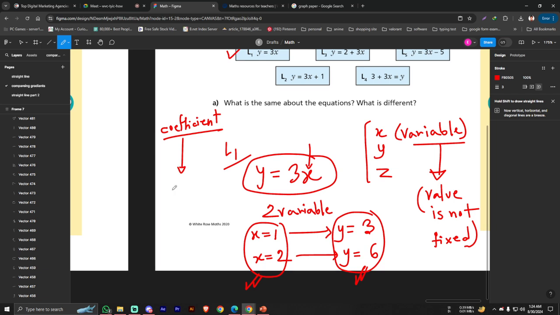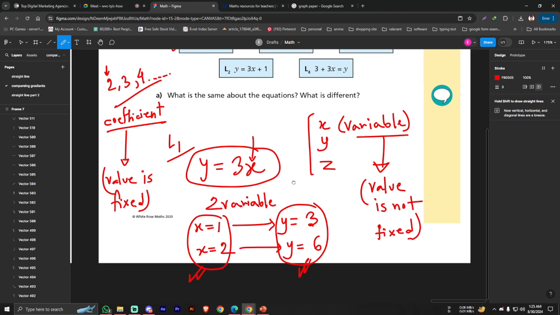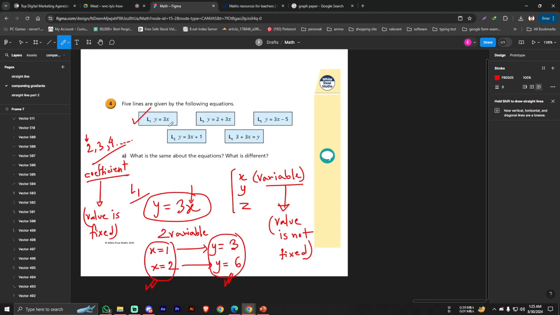Any numbers, 2, 3, 4, all are coefficients, because any number is a fixed value, right? 2 means 2, nothing else. So 2 is a fixed value. So here 3 is a coefficient in this equation, y is equal to 3x. Do you understand now where the coefficient is?